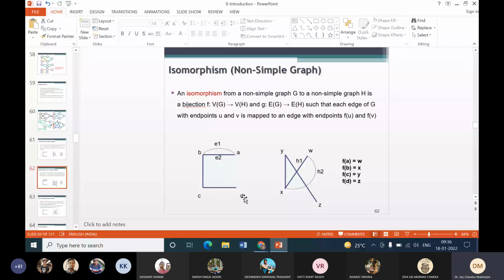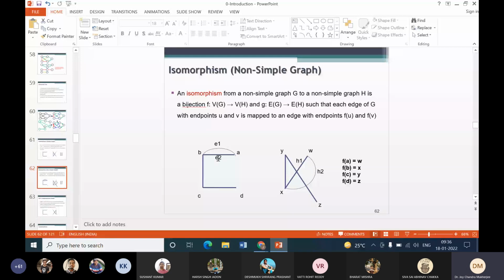Now between A and B we have two edges E1 and E2. तो यहाँ पे ए बी के बीच में E1 E2 है, दैट मीन्स WX के बीच में दो एज रहना चाहिए. सो WX के बीच में दो पैरेलल एज है, one is H1 and another is H2. So we have to write that this E1 maps to H1 and E2 maps to H2.